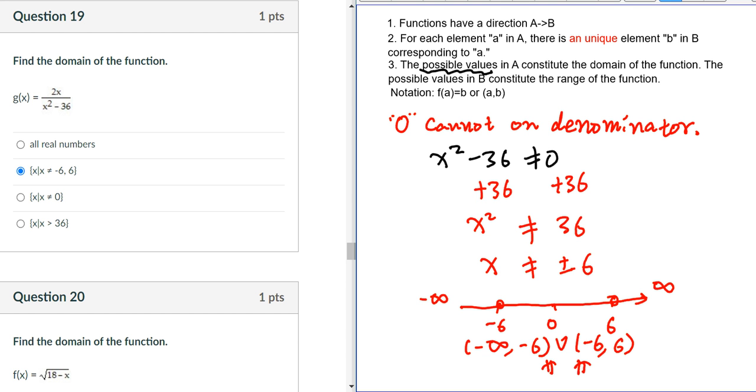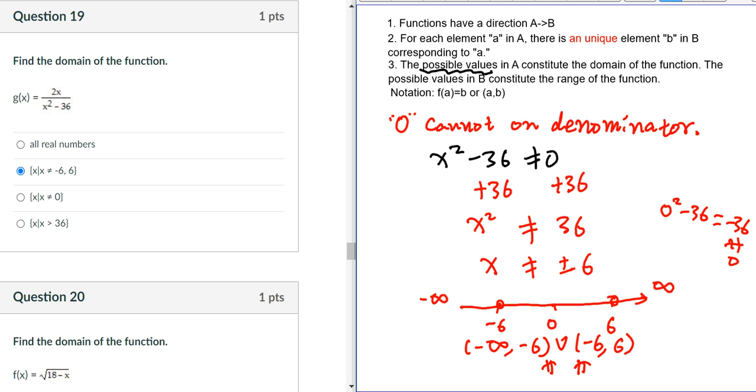0 is fine. You plug in 0 here. 0 squared is 0 minus 36, so 0 squared minus 36 is negative 36. It is not 0. So you plug in 0 here and it is fine, because the denominator is going to be negative 36, not 0. So it still works.